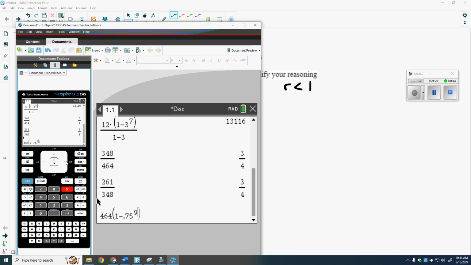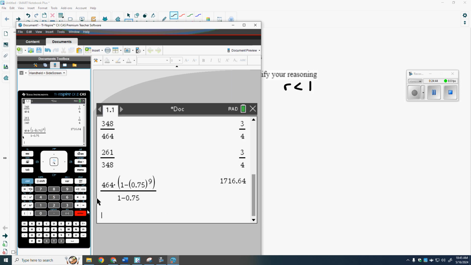Jump outside the parentheses. Divided by 1 minus, nope. Be careful, parentheses, 1 minus 0.75. And if you know what 1 minus 0.75 is in your head, which hopefully we do, it's 0.25, you can just type in 0.25 and not have to have the parentheses and all that good stuff. Answer 1,700, etc., which is what's on the answer key.